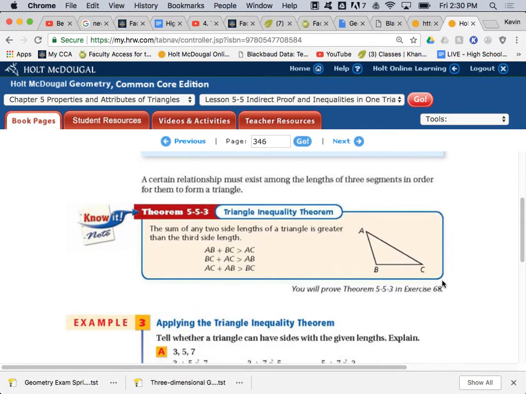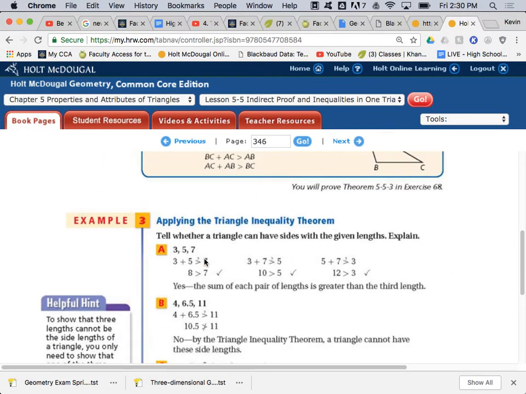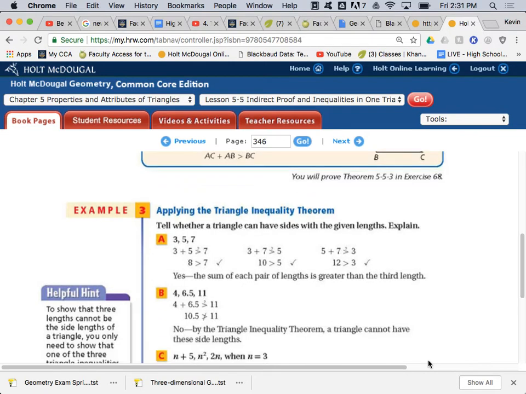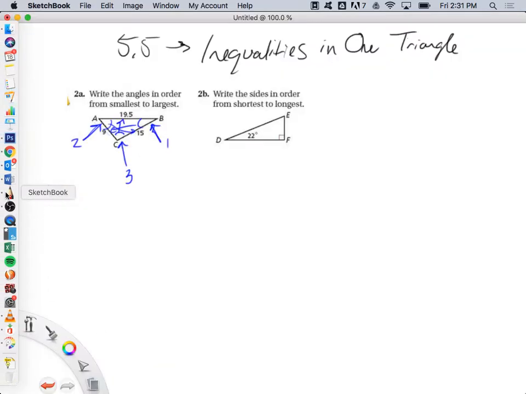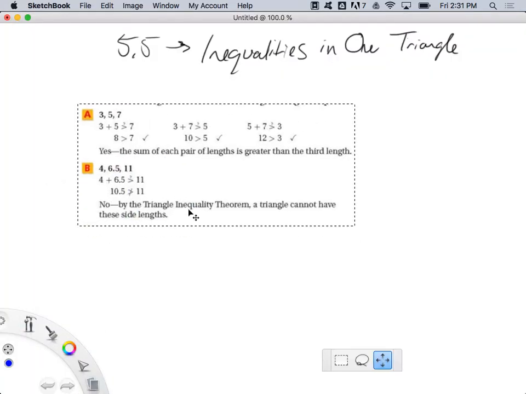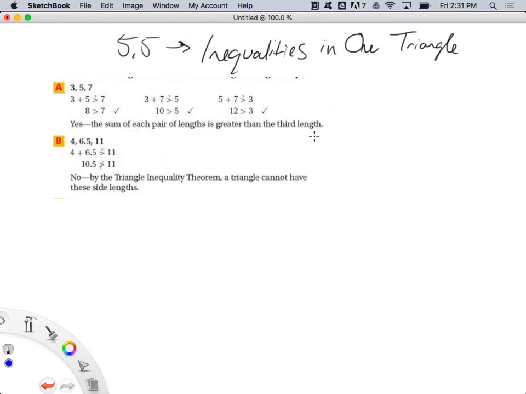Okay. Triangle inequality theorem. What does this say to us? Two sides of a triangle always have to be bigger than the third side. So 3 plus 5 is 8, which is bigger than 7.